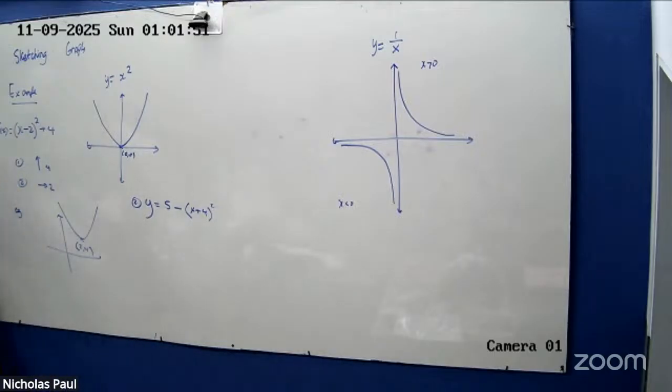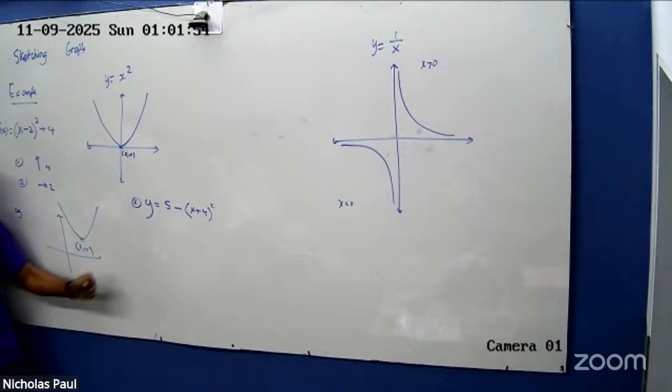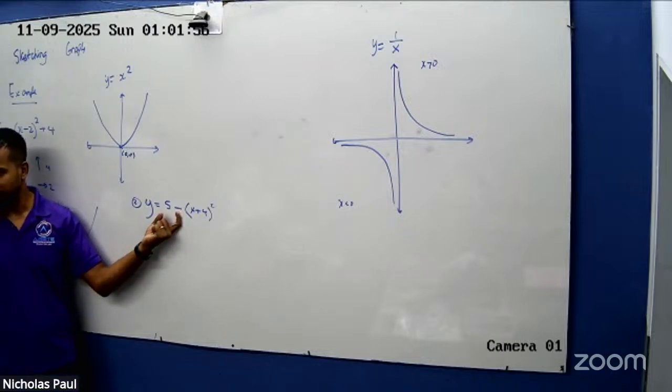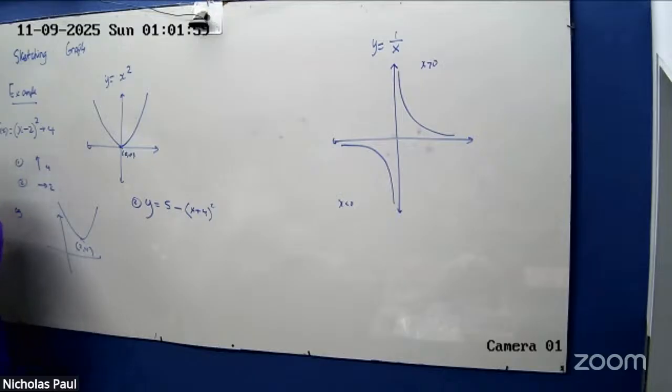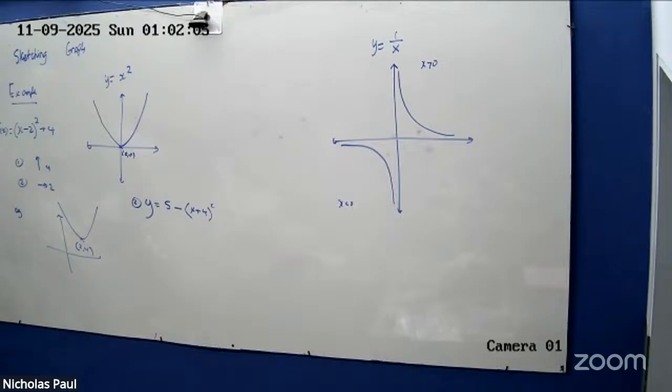Try number 2. Apply the shifts to number 2. Pay attention to the minus sign. See what the minus in front does.